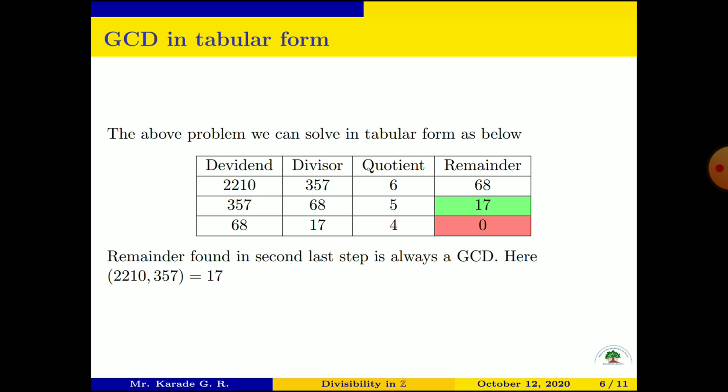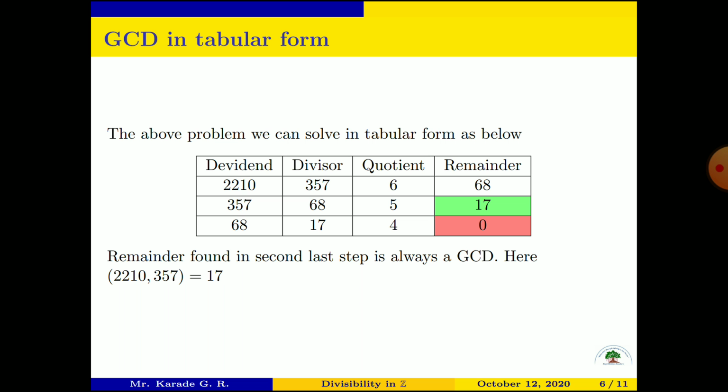The first row is for the first equation, the second row is for the second equation, and the third row is for the third equation. So from equation 1 we write the corresponding values of dividend, divisor, quotient, and remainder. In the same way, from the second equation we write the second row, and from the third equation we write the third row. So in this fashion we can put the above problem in tabular form.